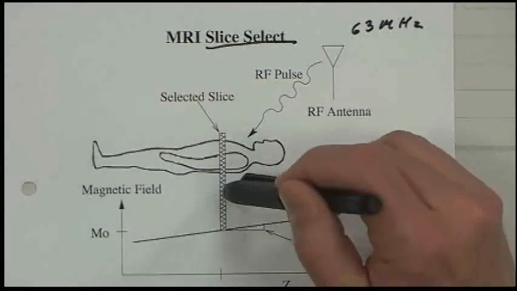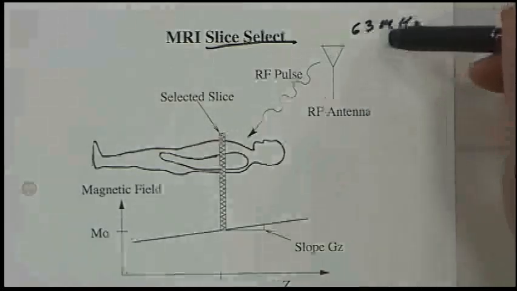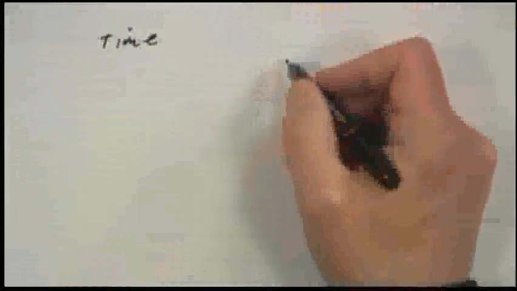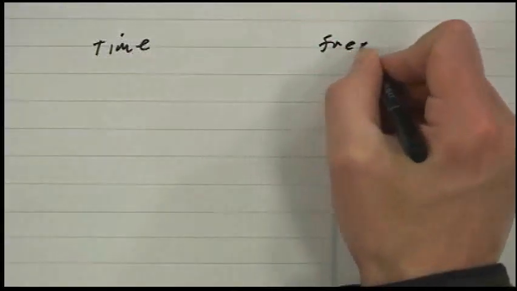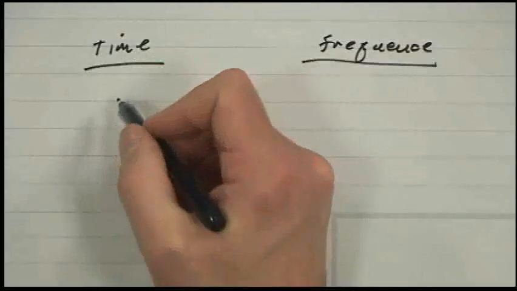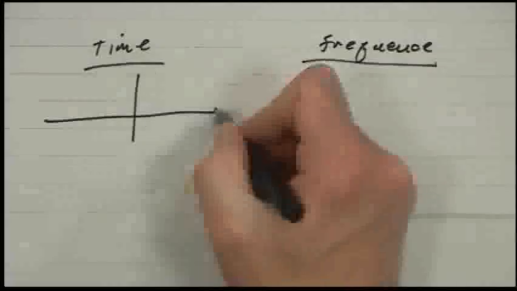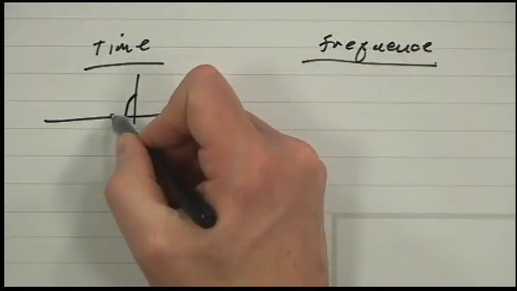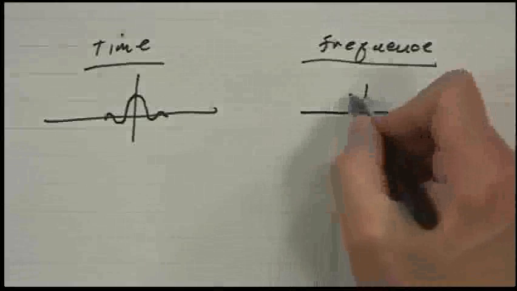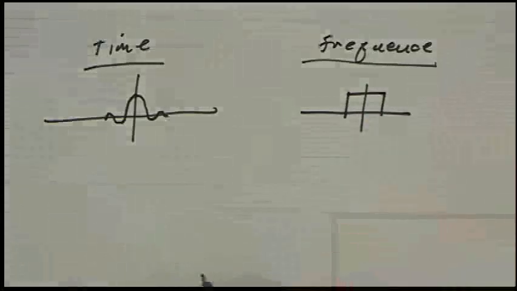And the width of the rectangle depends upon the sinc you used. If you use a very, very long sinc, then in frequency, if you have a sinc function, so this is time, and this is frequency. Okay, so if you have in time a sinc function which is like this, in frequency it looks like this, right?